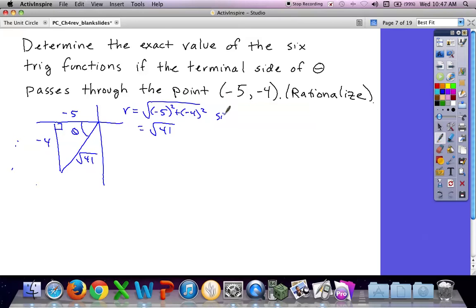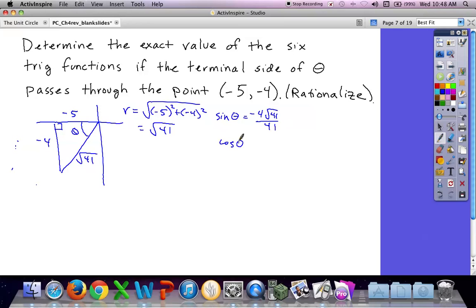The sine is opposite over hypotenuse, so it's -4 over the square root of 41, which I'm going to save a step and just say -4 root 41 over 41.